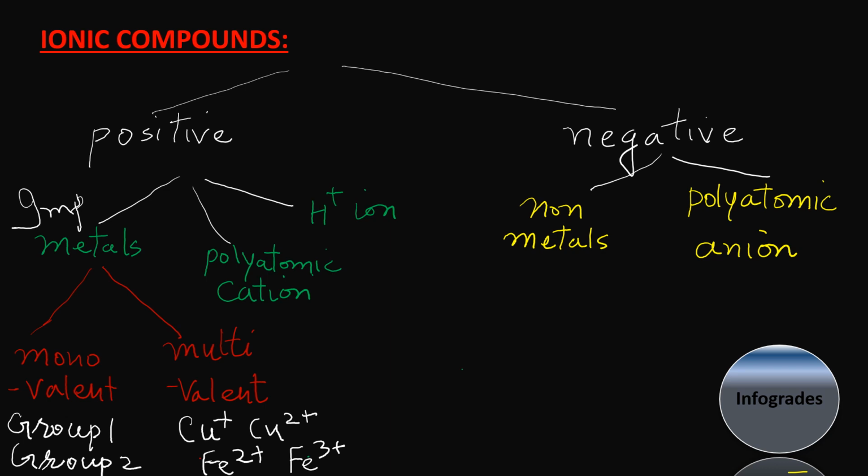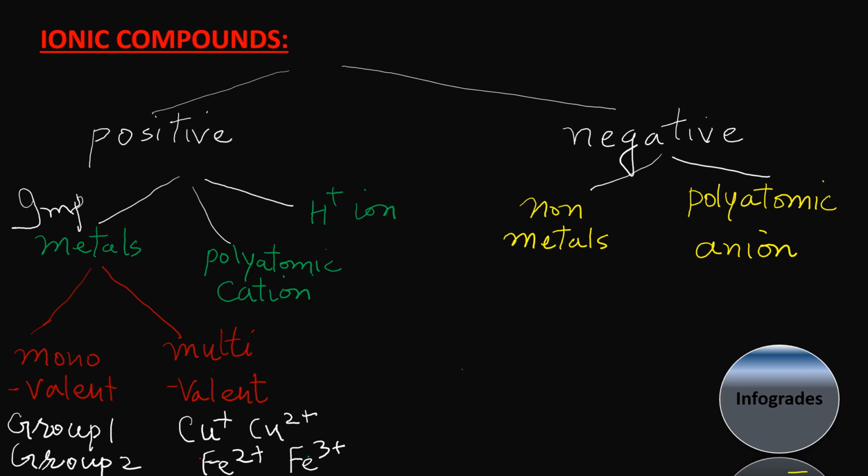For now, we are just learning how to identify the given ionic compound. For positively charged species, if it is a metal, you look into whether the metal given is monovalent or multivalent. Next is the polyatomic cation.